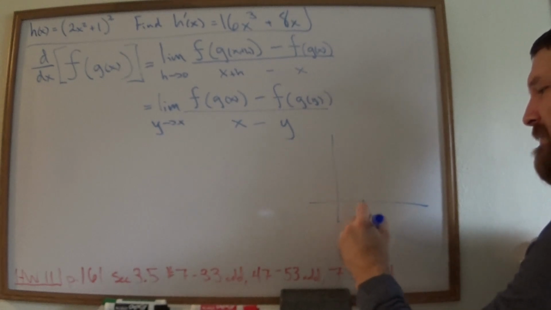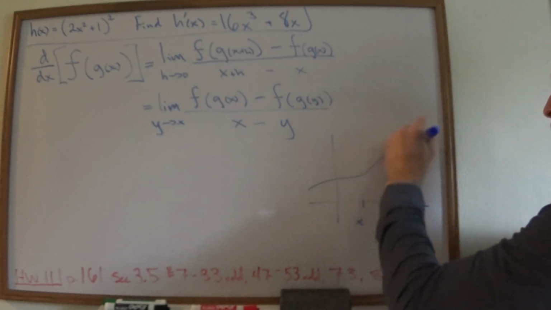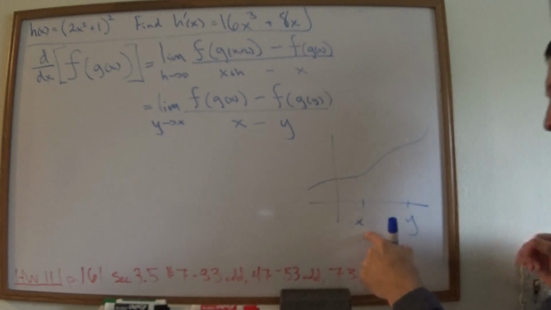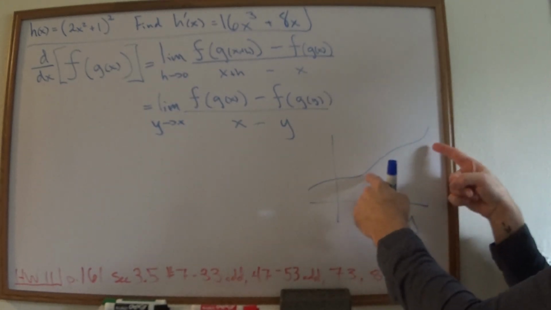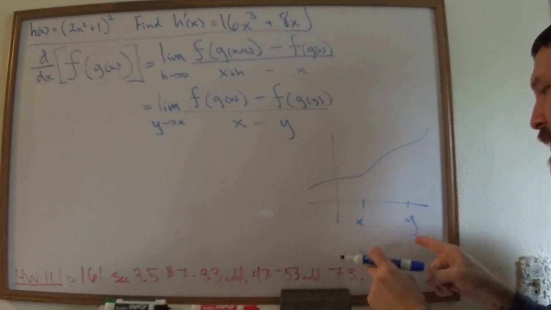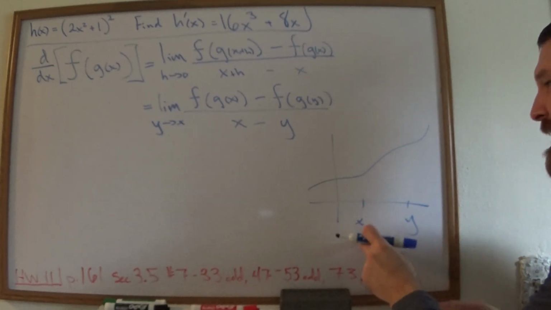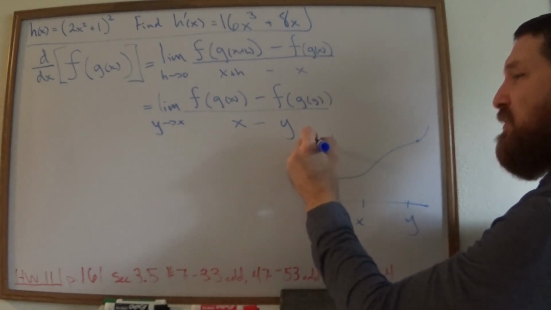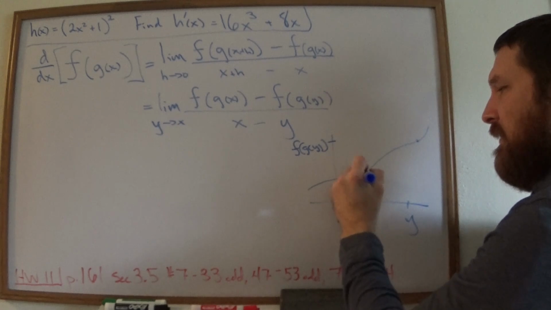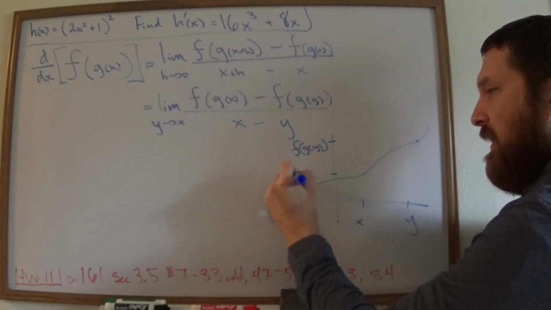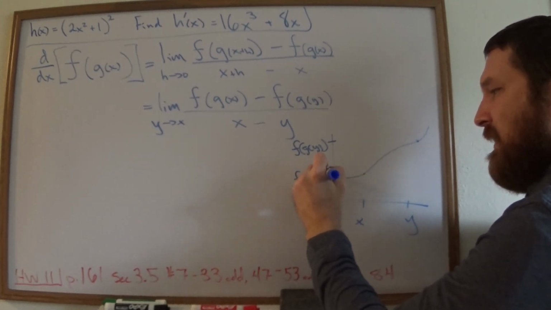You have some x here, and you have some y here. And if this is the point that you care about, then you're going to let y go to x. And so as long as you have y minus x, then you'd need the f of g of y first, f of g of x.